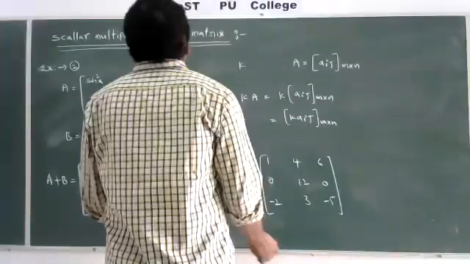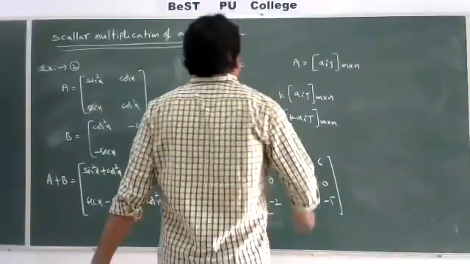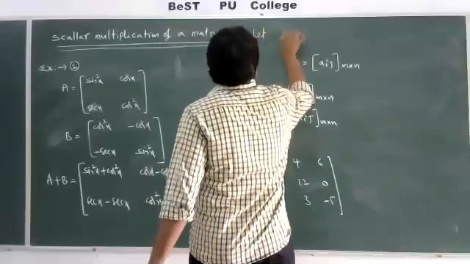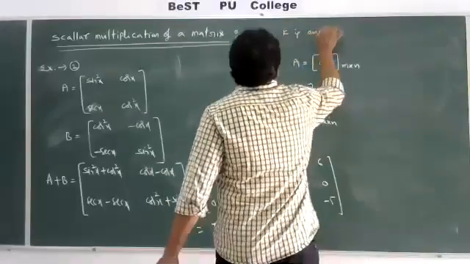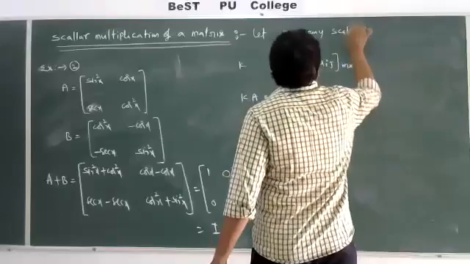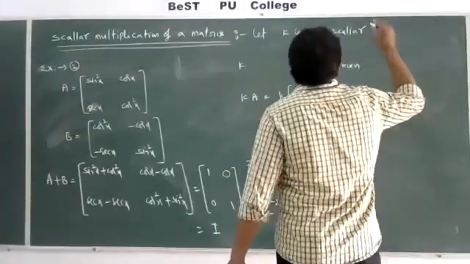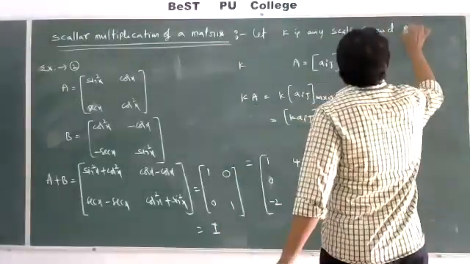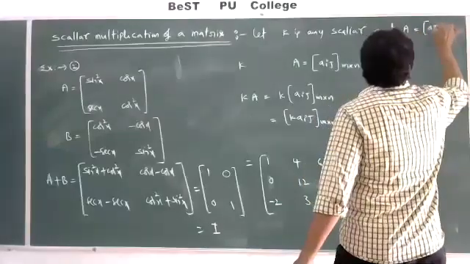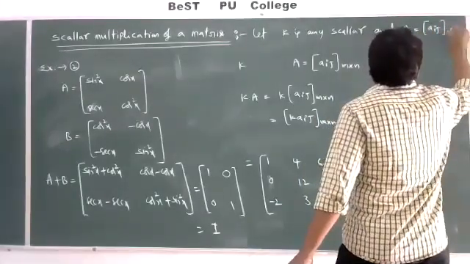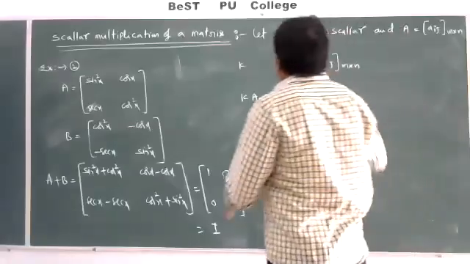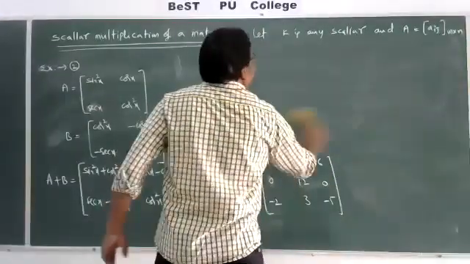Write the definition. Scalar multiplication of a matrix. Let K be any scalar, and capital A equal to Aij m by n be any matrix.